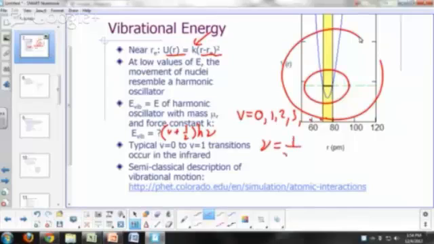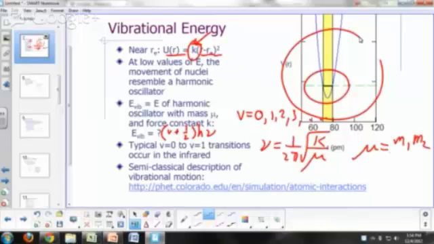And what is nu? It's 1 over 2 pi times the square root of the force constant K divided by mu. What is mu? The reduced mass. Mu is the mass of nucleus 1 times the mass of nucleus 2, divided by the sum of the masses of the two nuclei.